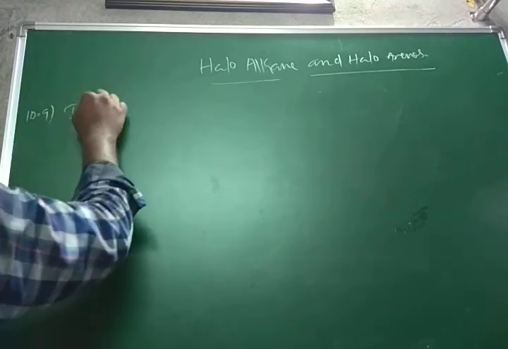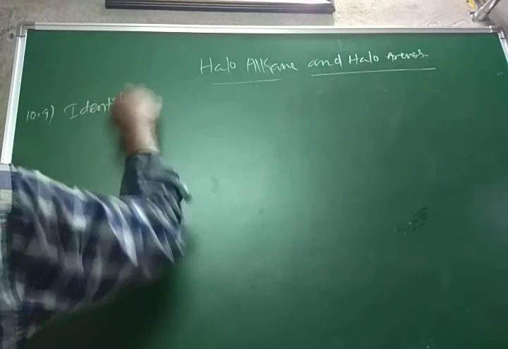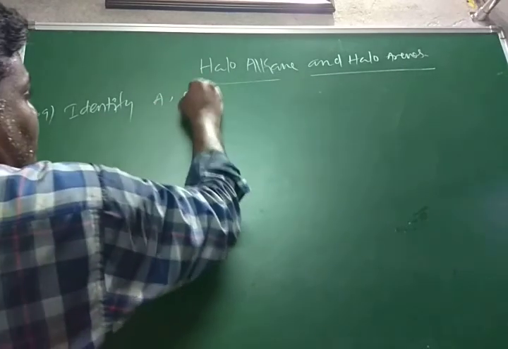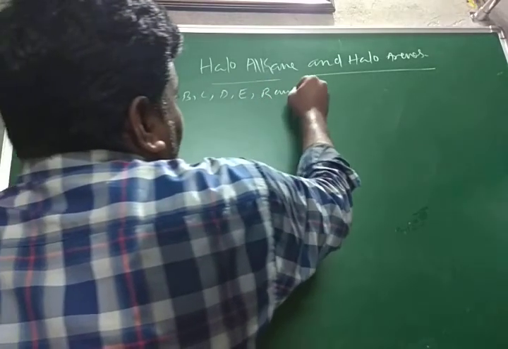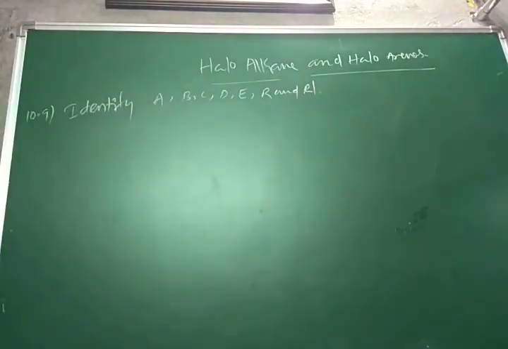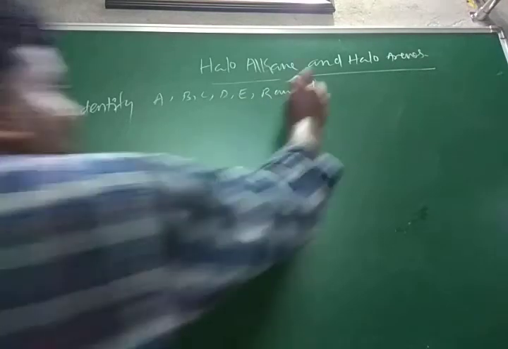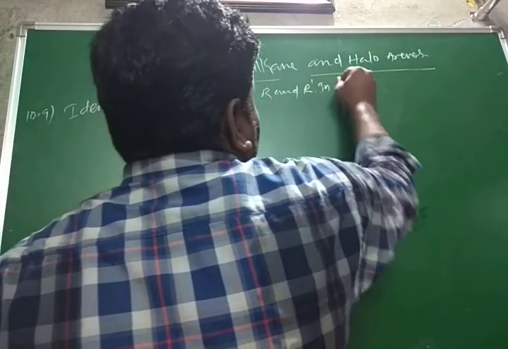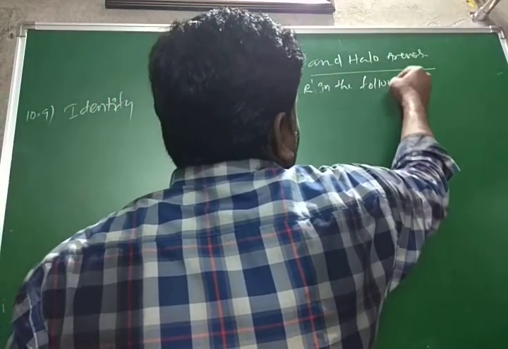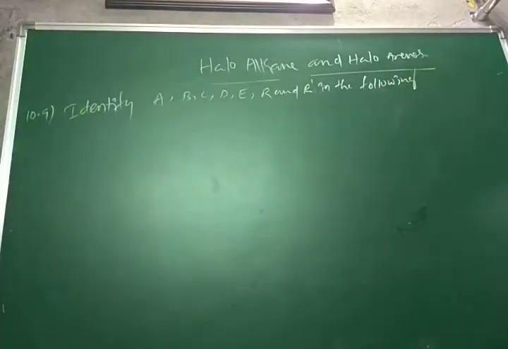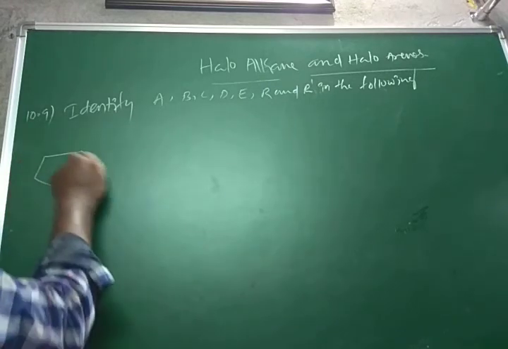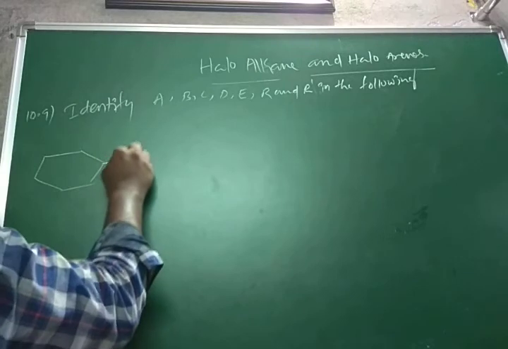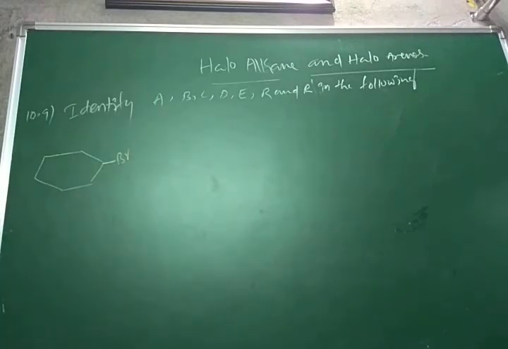Identify A, B, C, D, E, R and R dash in the following. In the following. And the question is, it is cyclohexane. 1.